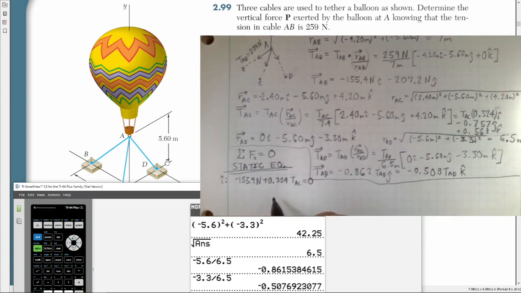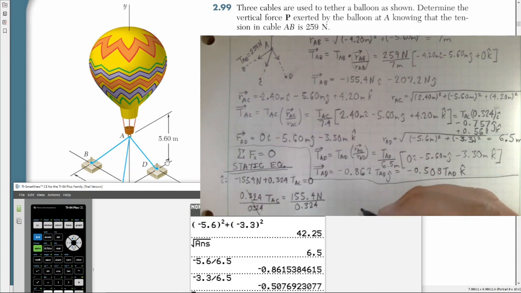So now it's a matter of solving for tension AC. We move this 155.4 newtons over to the right, so we have 0.324 tension AC equals positive 155.4 newtons. We then divide both sides by the 0.324 coefficient in front of tension AC.